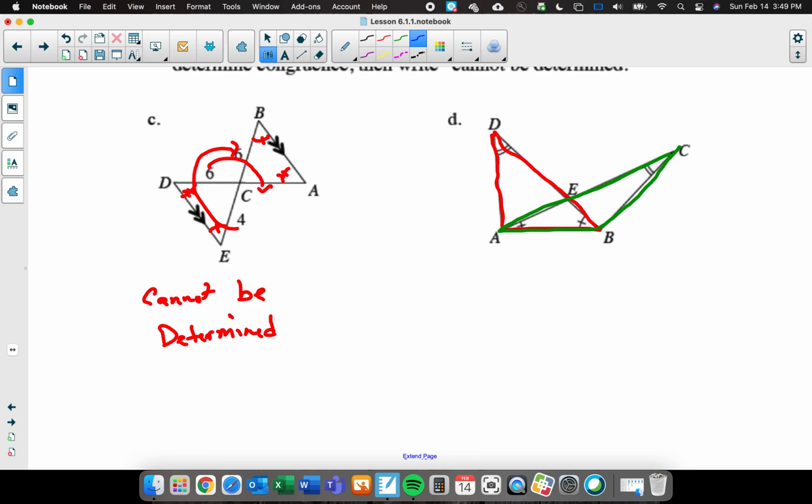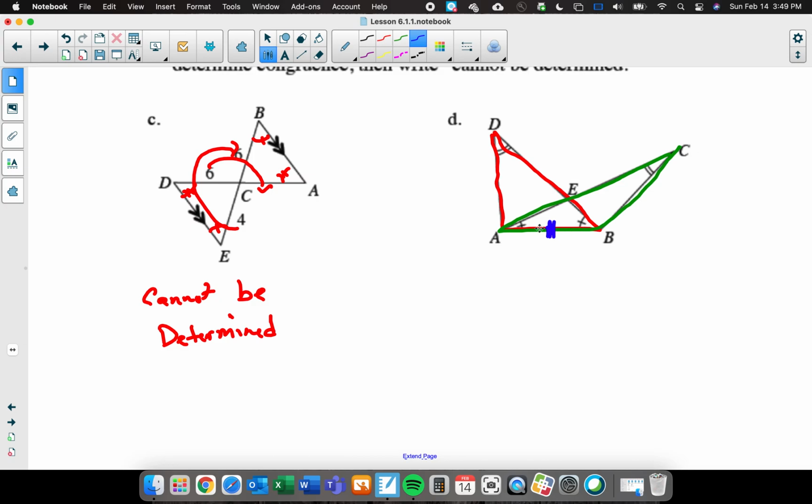So the question becomes, is there anywhere that we have a 1-to-1 ratio for the side lengths? And it turns out we do. This side right down here at the bottom, side AB, is a shared side between both triangles, so it's congruent to itself.